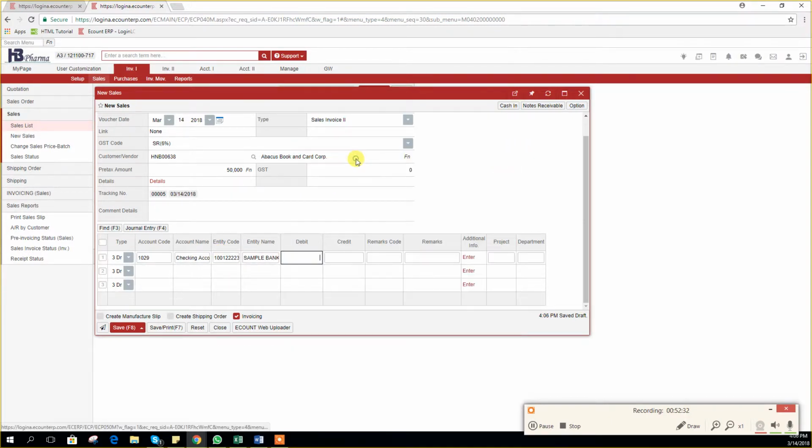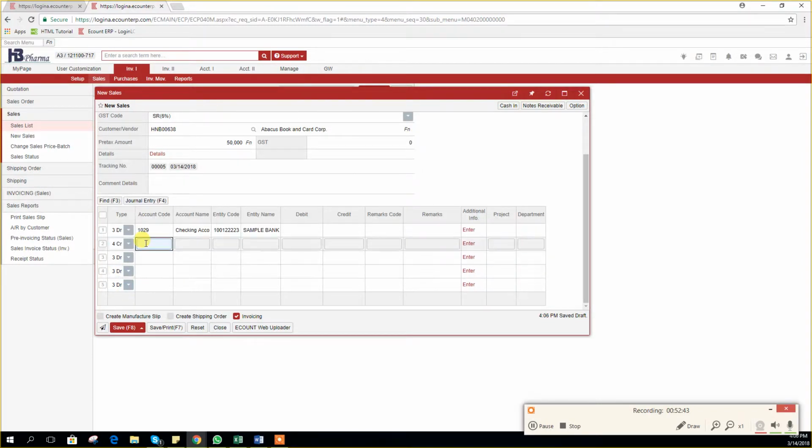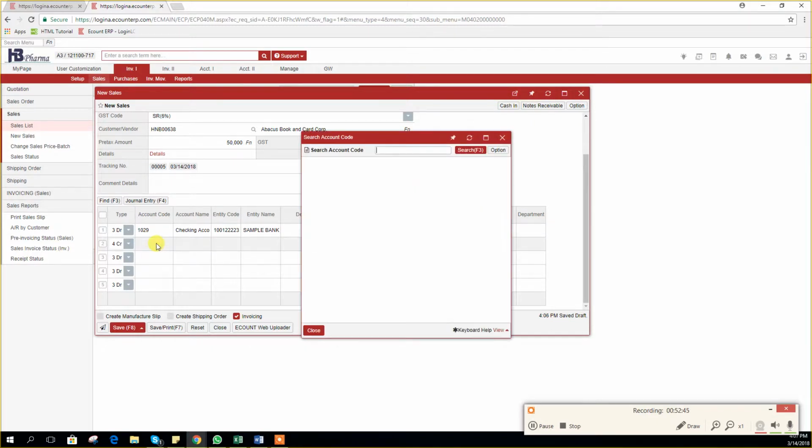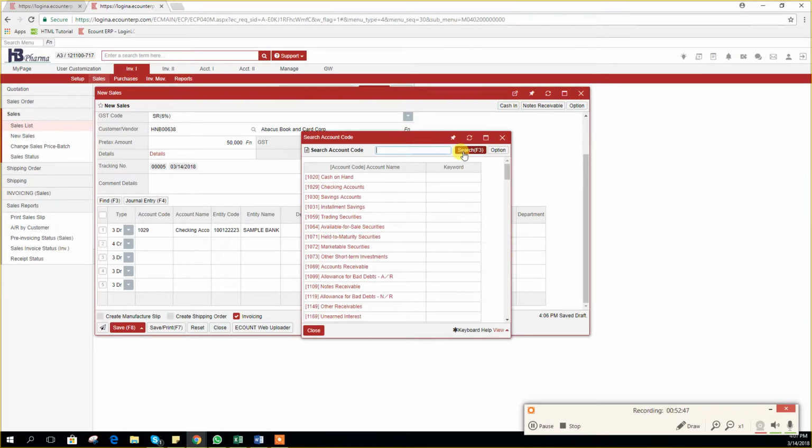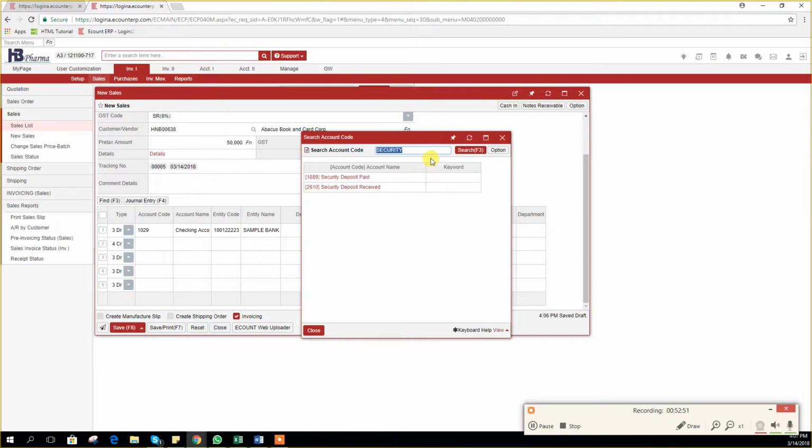So whatever it is going to be bank, and then you are going to credit out the security deposit.